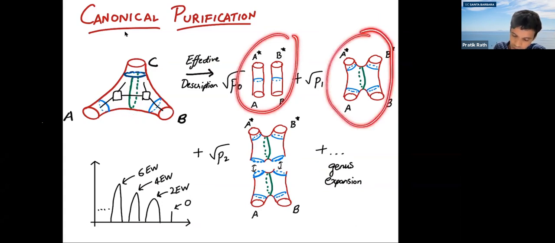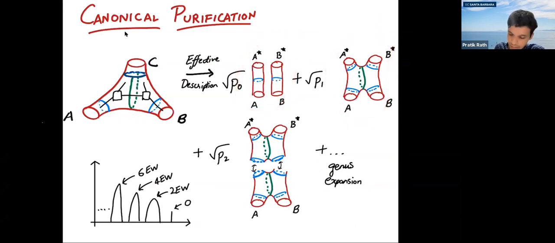You do have the saddles which were the connected and disconnected ones, but you can also take 2 copies of these 4-boundary wormholes and glue them together. When you glue them together, you get a genus 1 four-boundary wormhole.